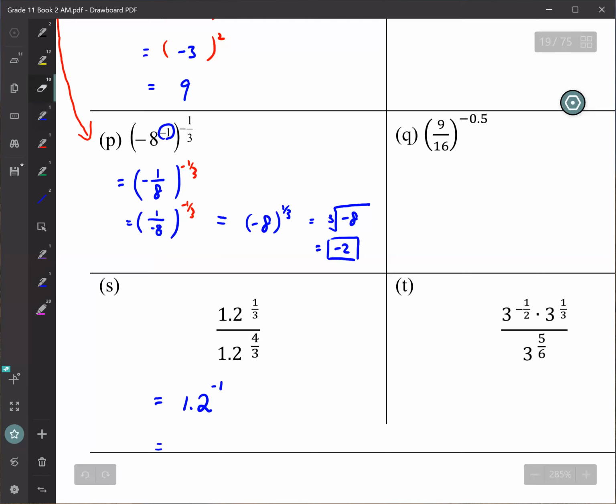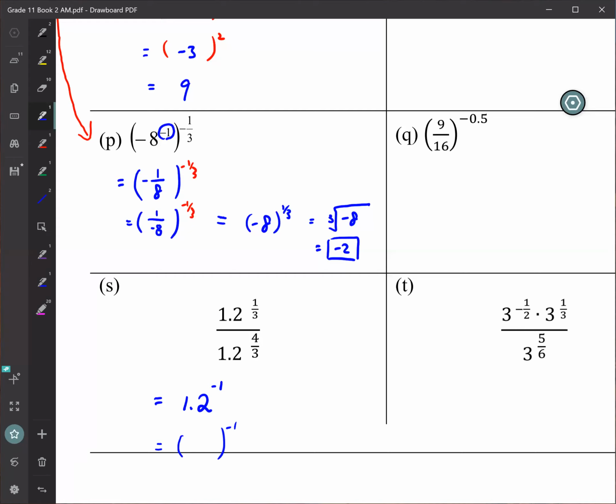So what you need to do instead is change the 1.2 into a fraction first. Okay? What would 1.2 in fraction look like? Colin, what's 1.2 in fraction? 5/6. 5 over 6. Really? 1.2. Oh, 6/5.